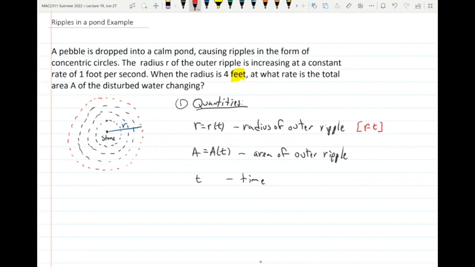Feet squared. And what units are we using for time? Seconds. Very good. And that's kind of implicit right here, when they say that the rate at which the radius is increasing is 1 foot per second, right? So time is being measured here in seconds.